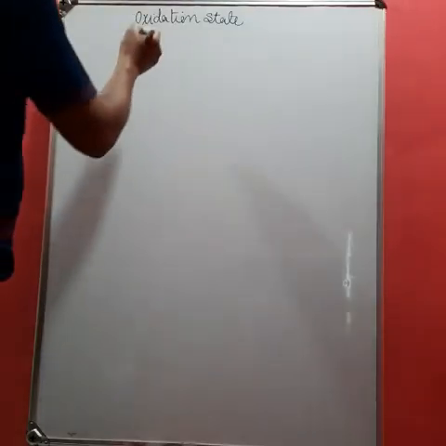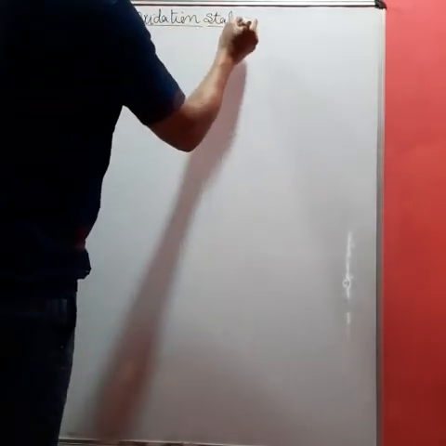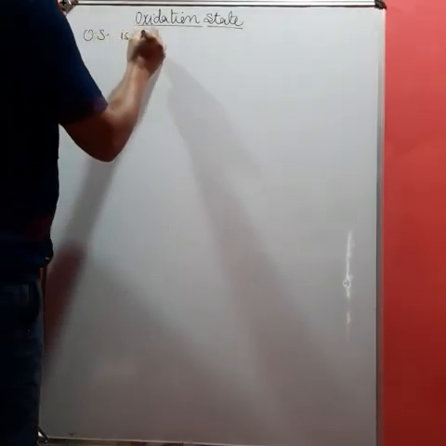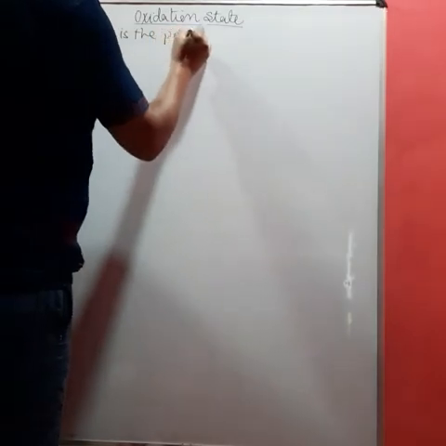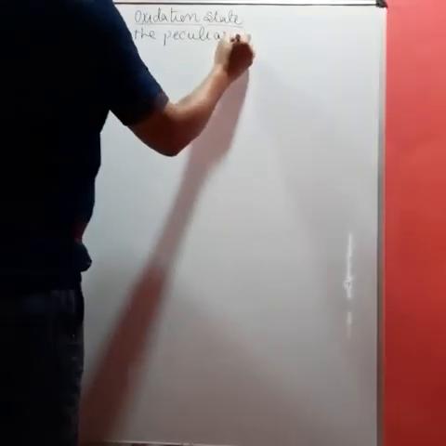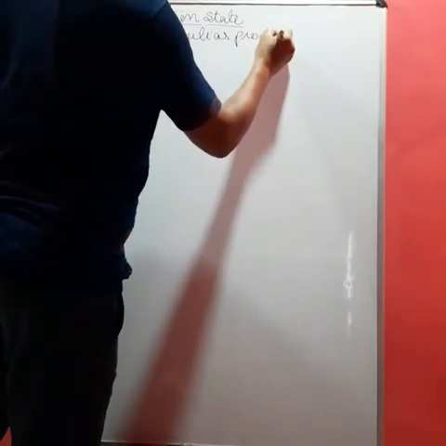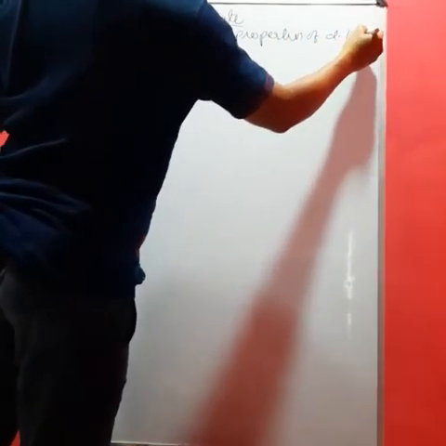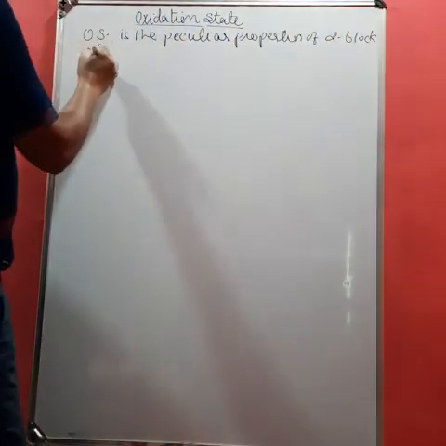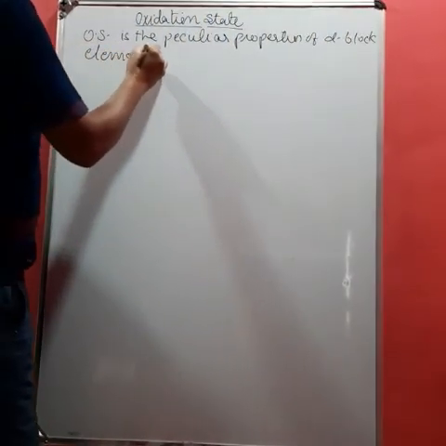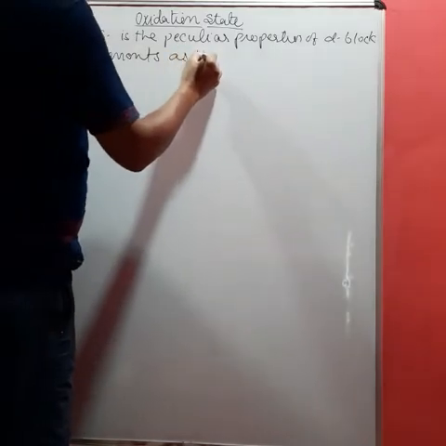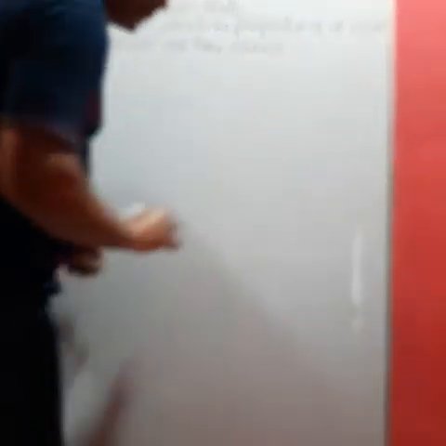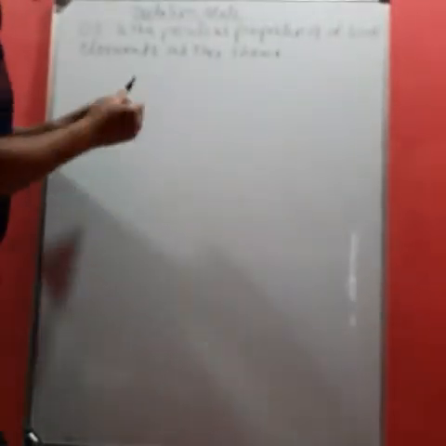Yes, next one, student, oxidation state. Oxidation state is the peculiar property, you can say the unique property, of the d block elements, as they show variable oxidation state.